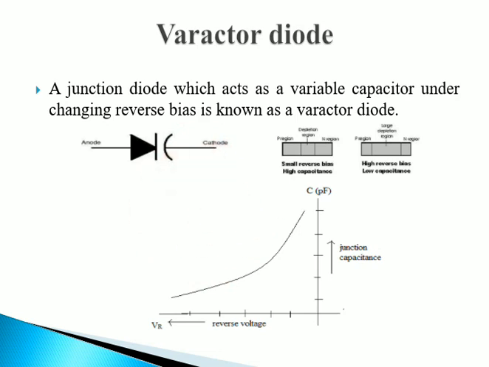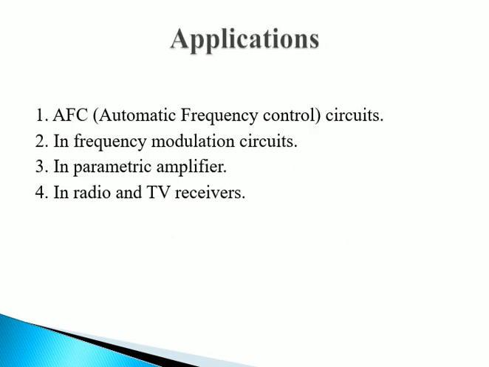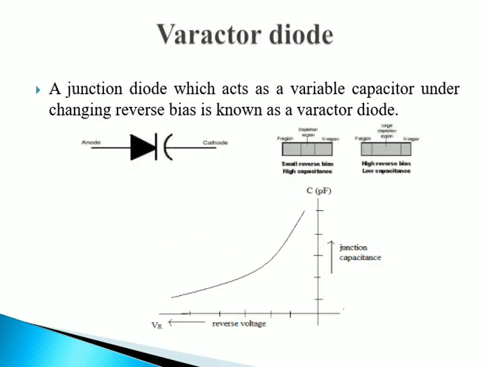Okay, and that can be shown through the VI characteristics that has been shown over here, right? Now you can see in this that CT will be changing when your VR is changing, right? So it is also known as a voltage controlled capacitor.